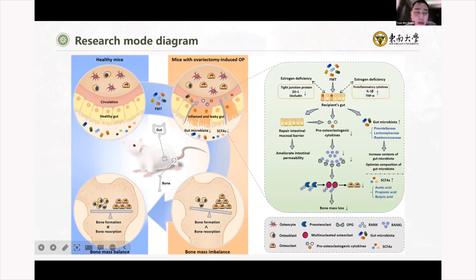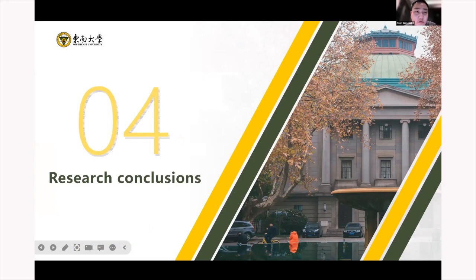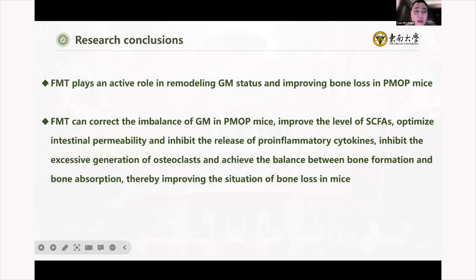Last is the research conclusions. We have seen FMT plays an active role in remodeling GM status and improving bone loss.